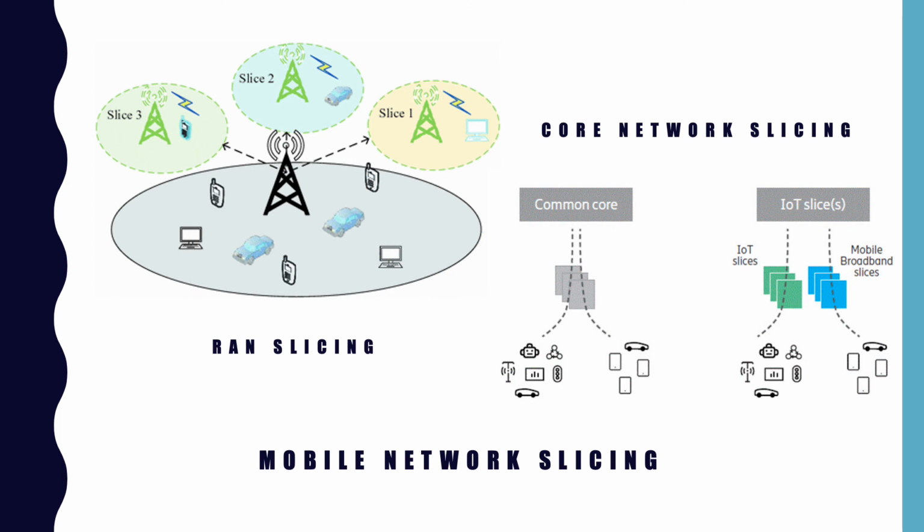All this takes us to the mobile network, which is divided into RAN and core network. On the one hand, radio access network slicing is emerging as a key enabler to flexibly customize and manage virtualized base stations while sharing the radio resources among them, with the objective of accommodating operators, over-the-top service providers, and service providers' requirements.